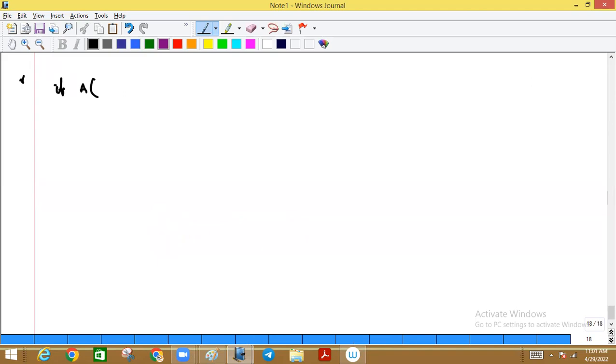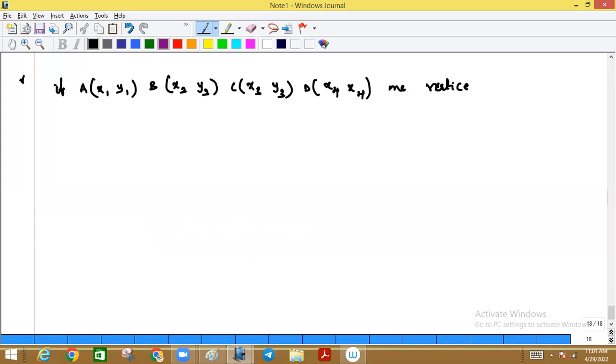If A(x1, y1), B(x2, y2), C(x3, y3), D(x4, y4) are vertices of a parallelogram.